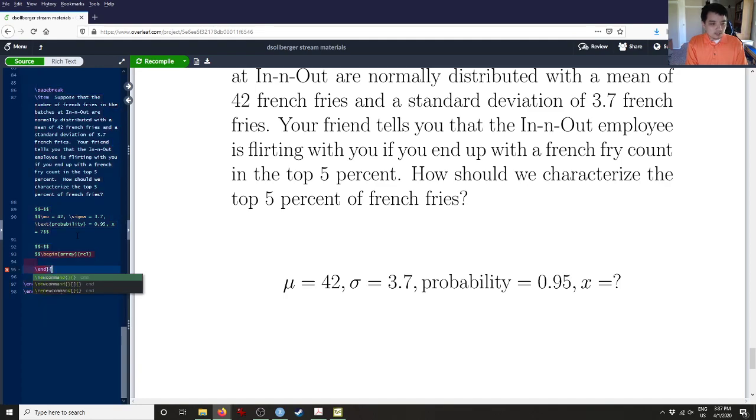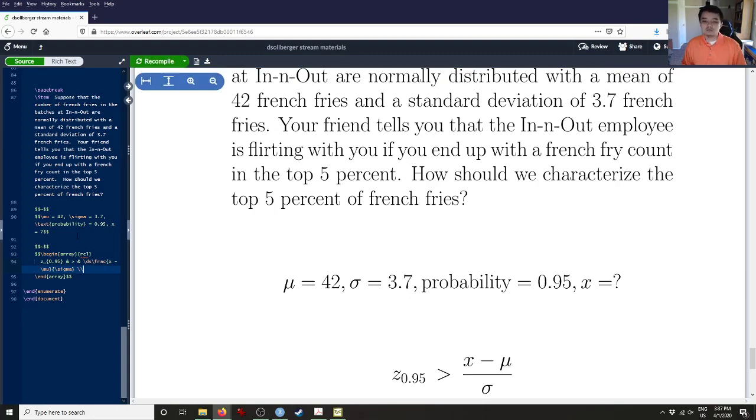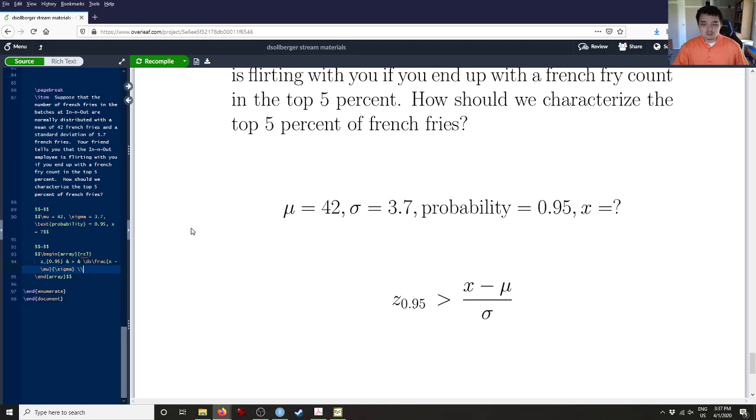Give me a minute to bring this all up. So the way this starts to look mathematically is that we have our z-score conversion, and we want the result to be in the top 5%, so above the 95th percentile.